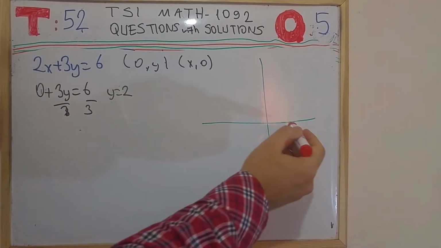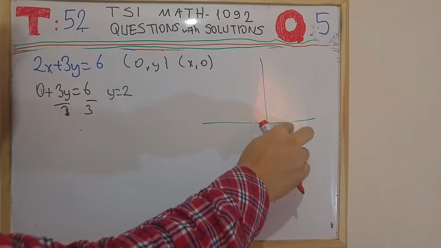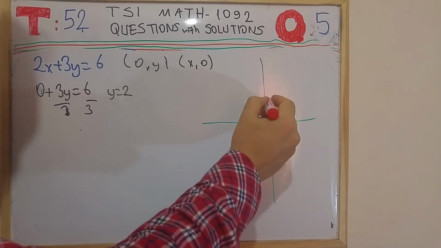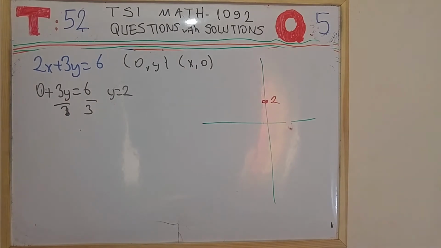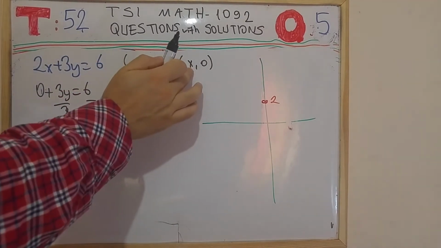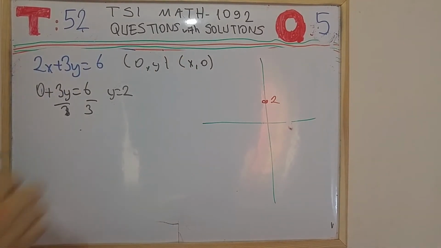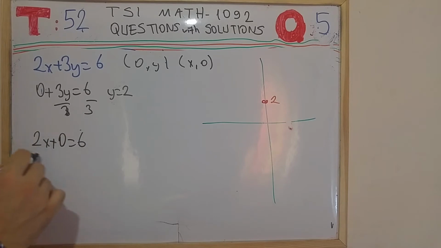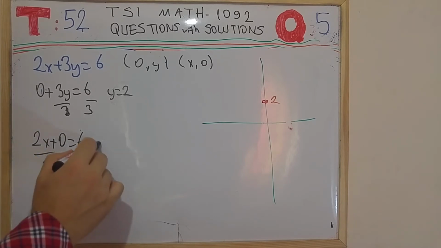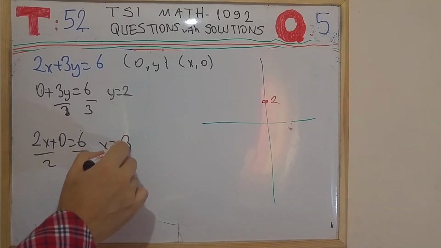Which is somewhere like this, 0, 2. Now let's find the other point. I'm going to value x as x and y as 0, so 2x plus 0 is equal to 6. When I divide each side by 2, x will be equal to 3.